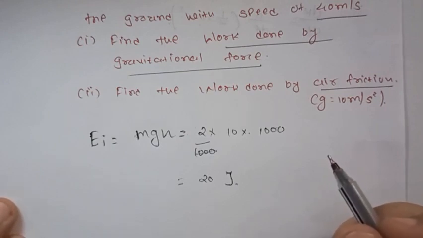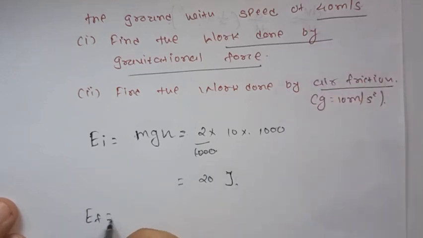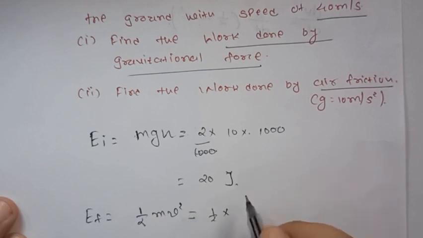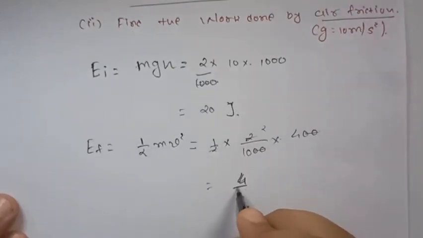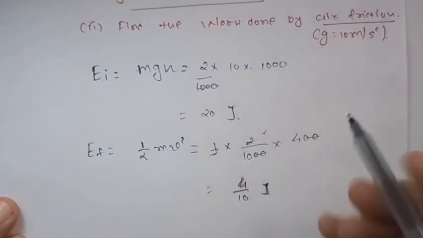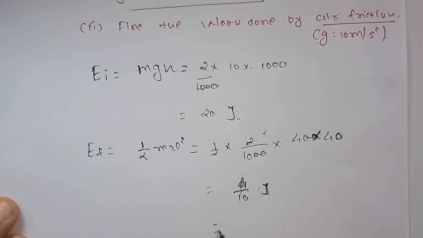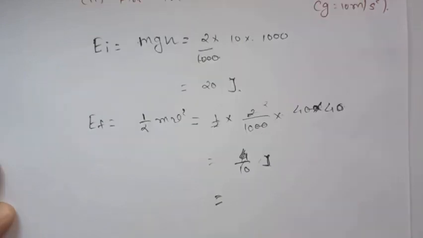Now when it hits the ground, it has some velocity, so the final kinetic energy will be half m v square, that is equal to half, mass is 2 divided by 1000, into v square, that is 40 into 40. That will give us the answer 1.6 joule.